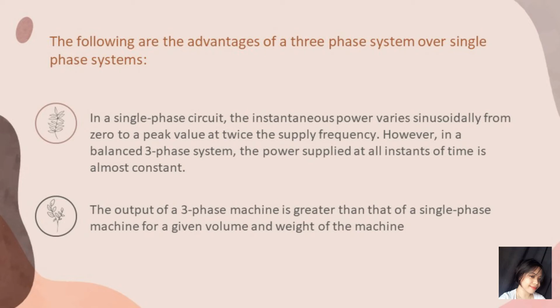Now, the following are the advantages of the three-phase system over the single-phase system. In a single-phase circuit, the instantaneous power varies sinusoidally from 0 to a peak value at twice the supply frequency.